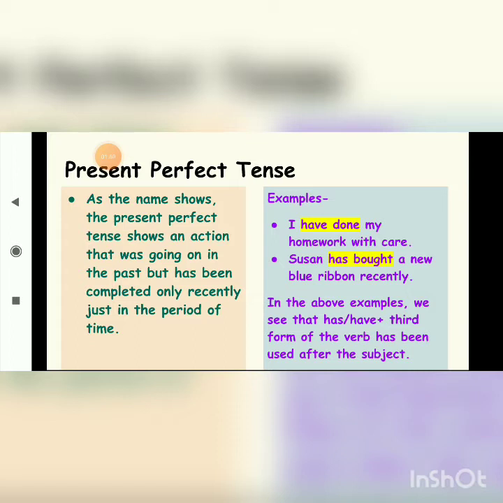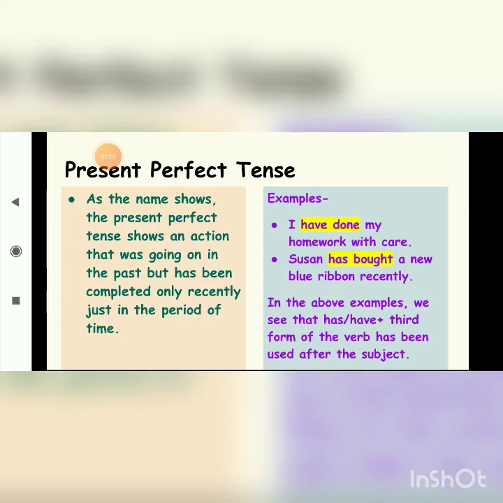after the subject. So what have we done? We have used first the subject, then either has or have, and last the third form of the verb. So how is it done? If we look into the first example, the sentence is I have done my homework with care. So I is the subject over here.